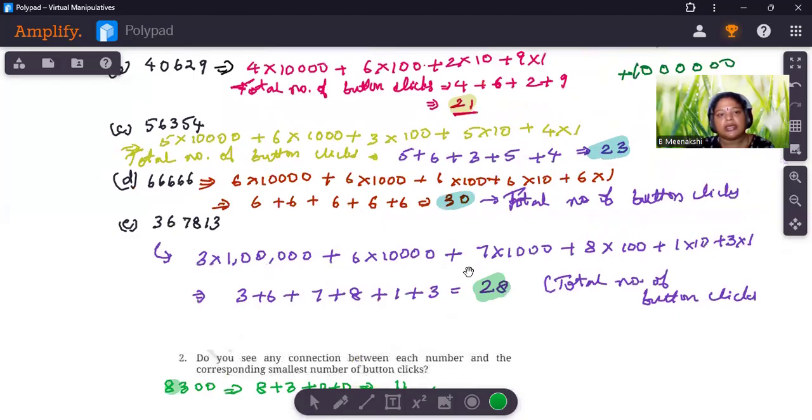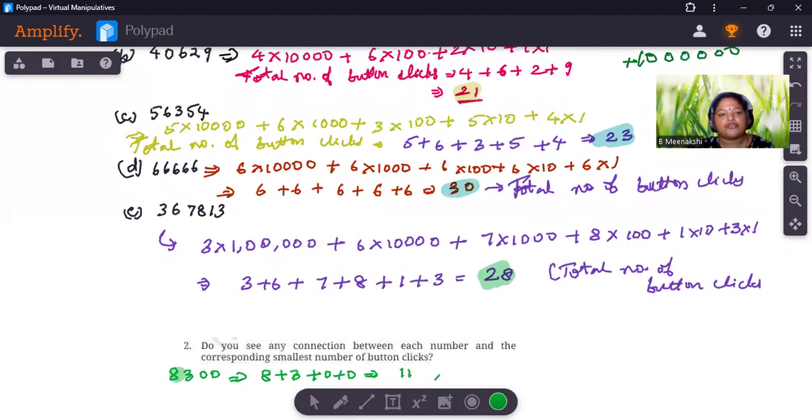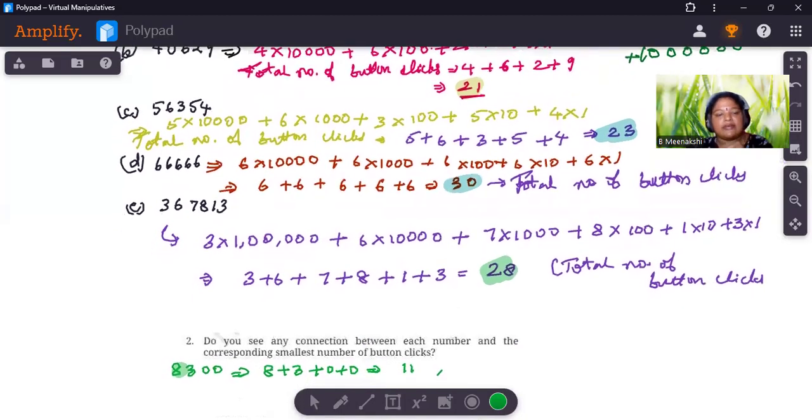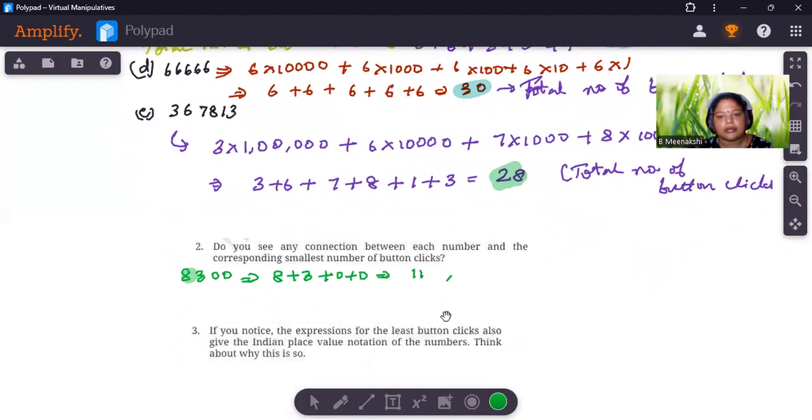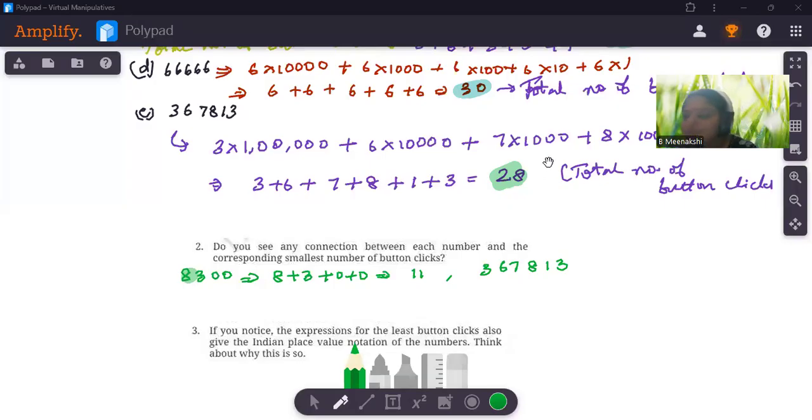Similarly, I will explain using any two of them so that you can validate for the other three of them. Okay, next example, I will take 3 lakhs 67,813.